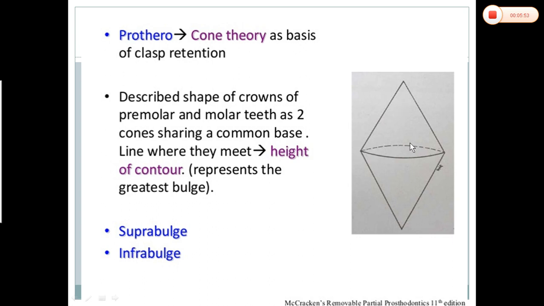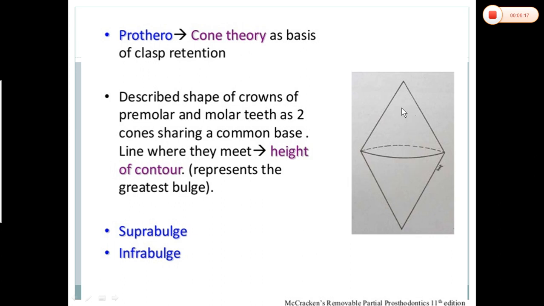If we consider the height of contour as a bulge area, the tooth portion above this bulge is the suprabulge area, and the portion of the tooth converging apically from the height of contour is the infrabulge area.